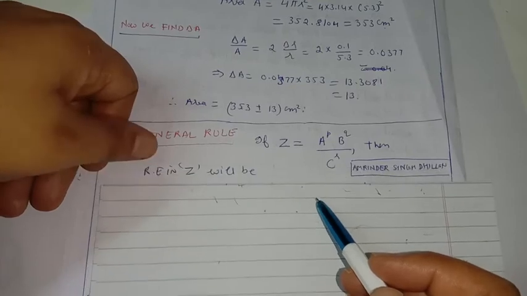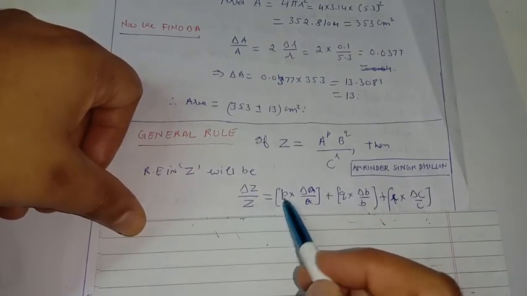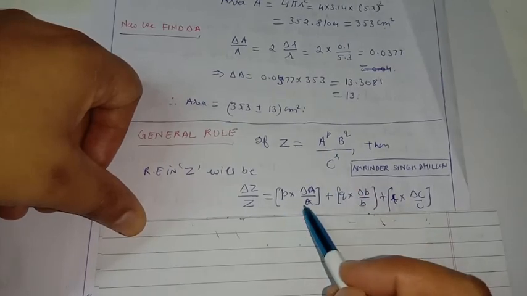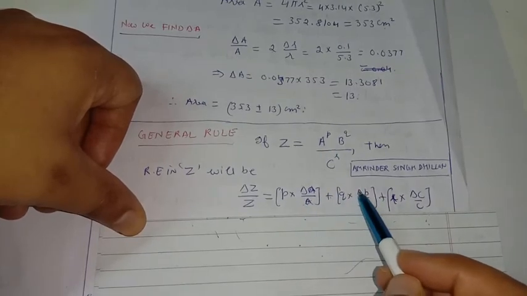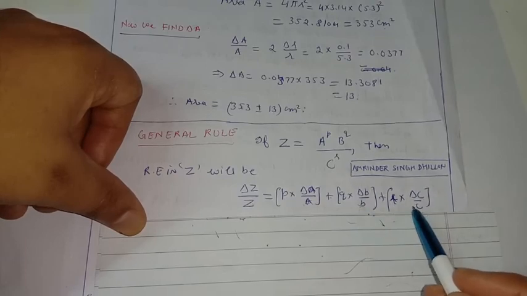This means that the relative error in Z is equal to P times the relative error in A plus Q times the relative error in B plus R times the relative error in C.